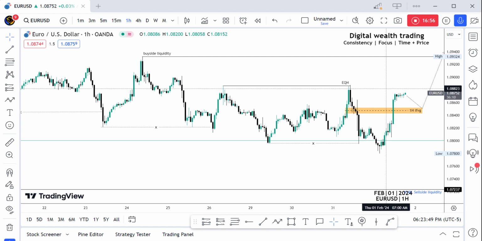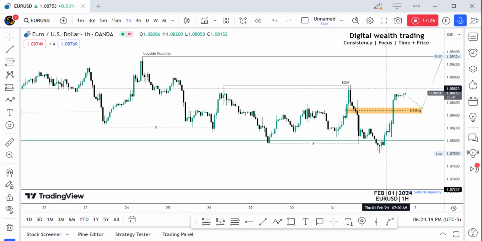Now, the Euro US dollar hourly contract shows nicely the intraday algorithmic price delivery for EURUSD. On the hourly contract, we can clearly see that Euro priced lower in the early hours of trading and swept the equal lows which I just mentioned, and priced into the daily ICT order block before distributing higher. Yes. Now, the daily profile is an obvious 3 o'clock AM New York local time as the low of the day.